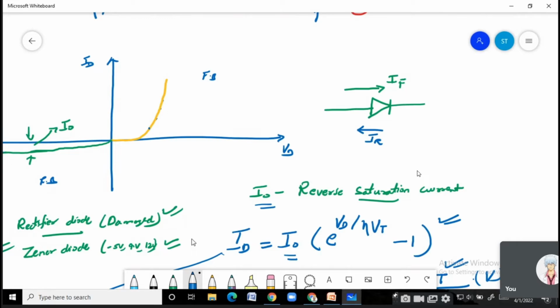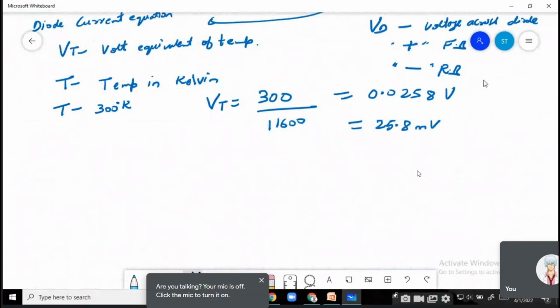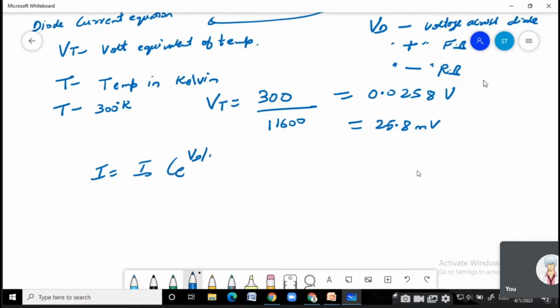And this equation is valid for both the forward bias as well as the reverse bias condition. So suppose I say I equals I naught e raised to VD upon eta Vt, minus 1, and suppose VD is minus 20 volt.